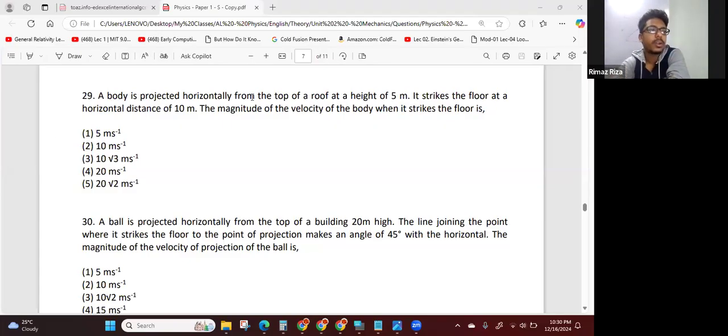A body is projected horizontally from the top of a roof at height 5 meters. It strikes the floor at horizontal distance 10 meters. Find the magnitude of the velocity of the body when it strikes the floor.